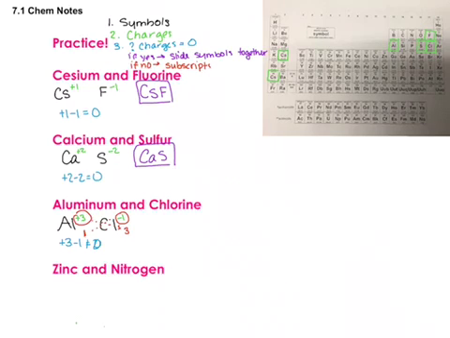And so when we do that, we can check. 3 positive charges times the 1 element gives us an overall +3 charge on aluminum. Here we have a -1 charge times the 3 chlorine elements for an overall charge of -3.